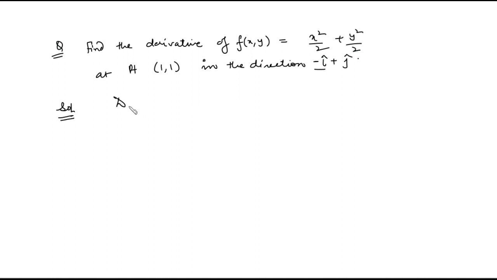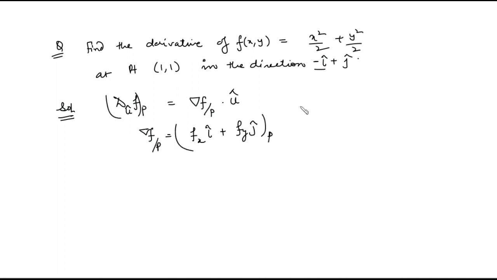Now just see the directional derivative of the function in a direction of u cap at a point P is given by the formula del f at point P with the dot product u cap, where this del f is the partial derivative of the function with respect to x plus the partial derivative of the function with respect to y j cap. At a point P, you just substitute the value of P. So now what is the partial derivative of the function with respect to x? This is 2x by 2, which is x i, 2y by 2, which is y. At a point (1, 1) will be i plus j cap.